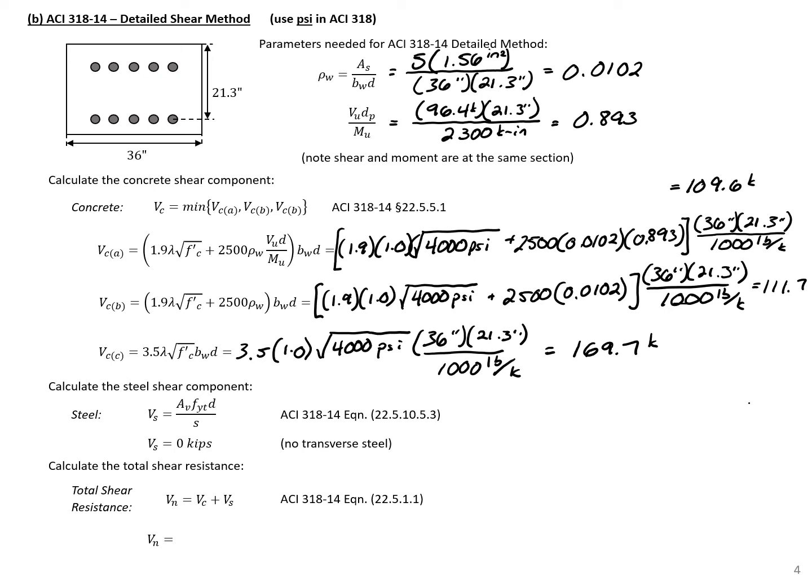So we can see the smallest of these is our 109.6, so that's the one that controls. So again, we have no shear reinforcement, so our VS component is equal to 0. So our VN then is equal to 109.6 kips.